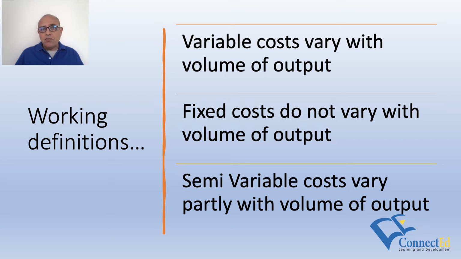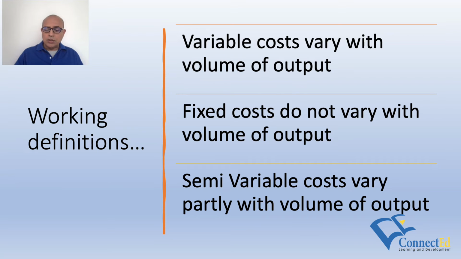But maybe beyond 5,000 tables, you need to rent new space, and then a new amount of rent comes into the picture. As a result, the fixed cost could jump by a step. So do not assume that fixed costs will remain fixed. I'll talk more about this a bit later in the lesson. So fixed costs are fixed within a certain range.